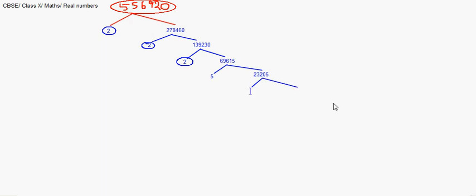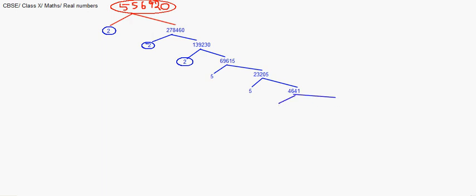Again, this is divisible by 5, giving 4641. This is not divisible by 5, but it is divisible by 3.